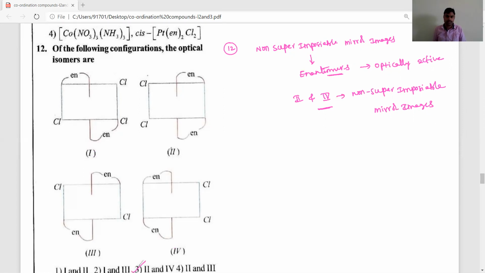See 2 and 4, these compounds are non-superimposable mirror images. Those are optically active isomers. So the answer is the third option. Let's see the next question.